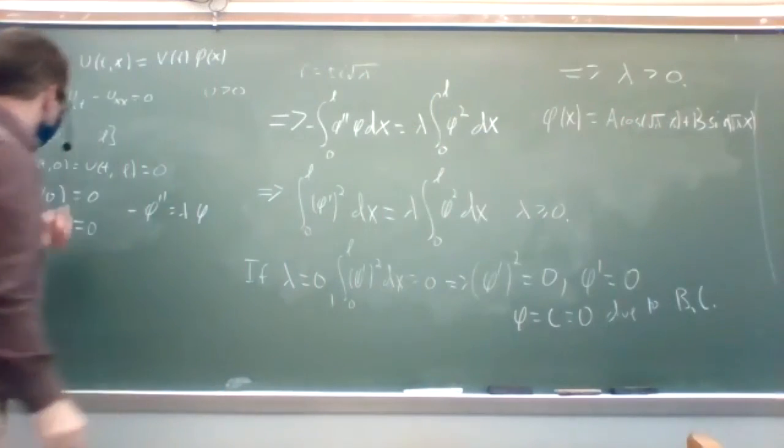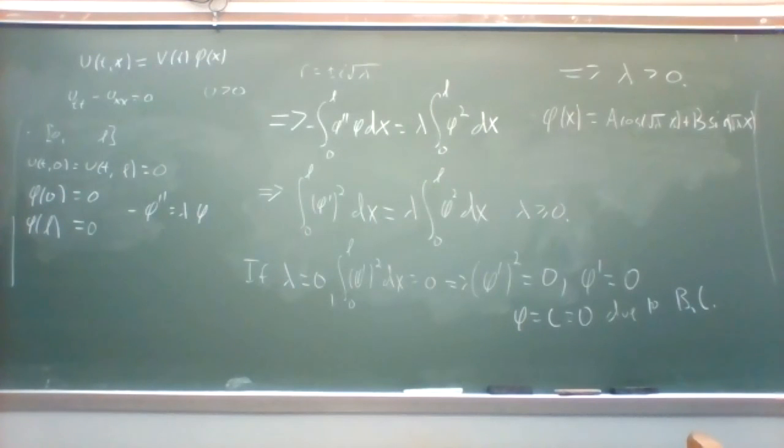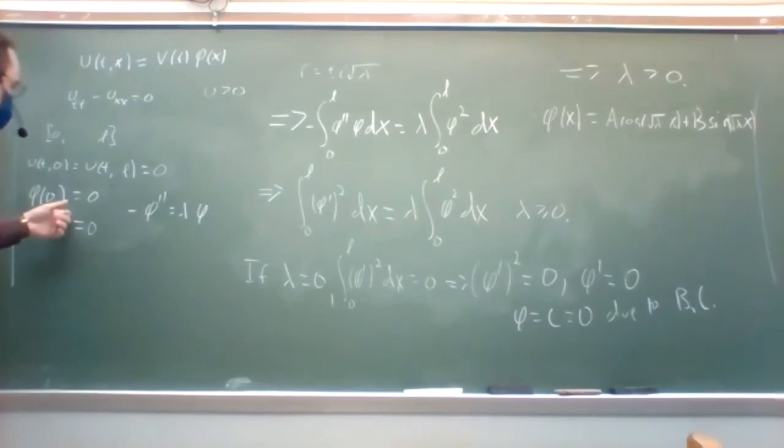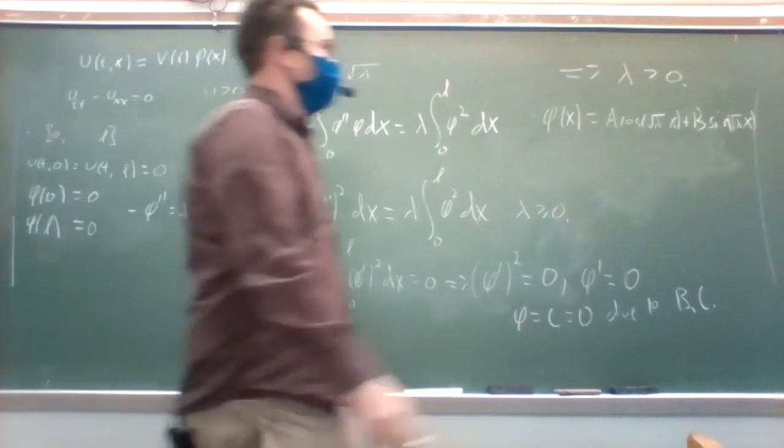And I want to appeal again to our boundary values. So one of those constants is 0. Which one is it? What do you think? Right, the answer was A. And the reason why, of course, is that cosine of 0 equals 1, which is rather inconsistent with the initial conditions.